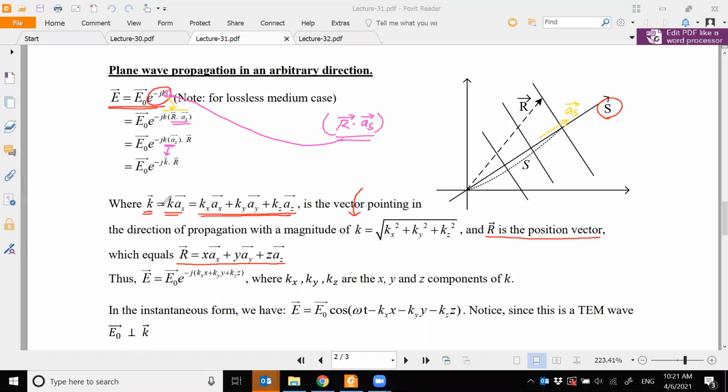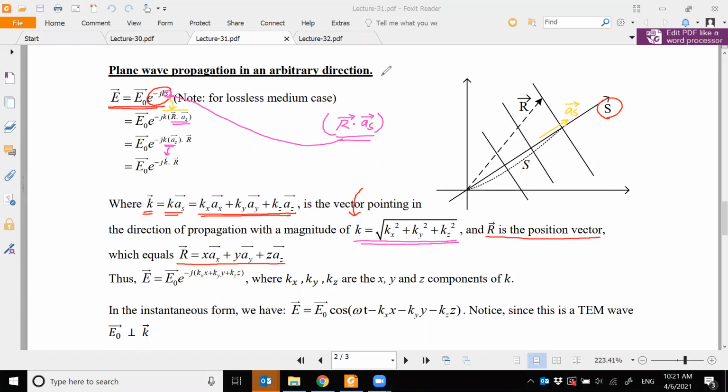Got it? So k times a s bar is nothing but the component of my k along ax plus component of k along ay plus component of k along az. That forms my vector k, and the magnitude of this vector k is root of kx square plus ky square plus kz square.